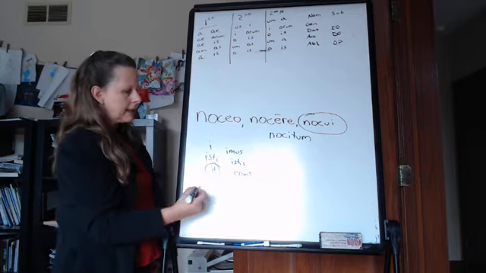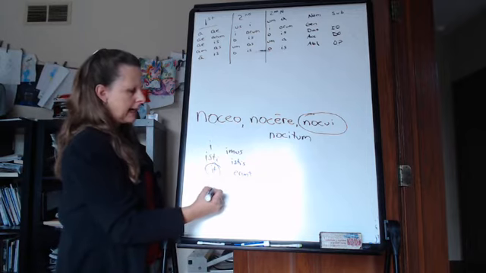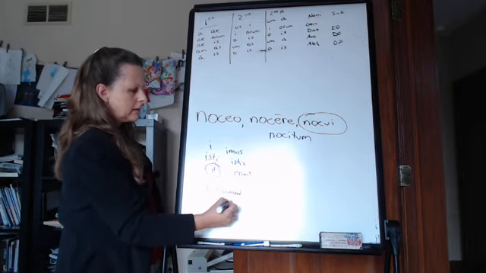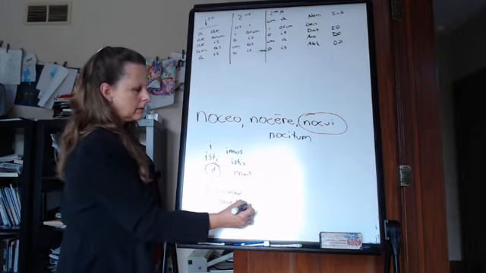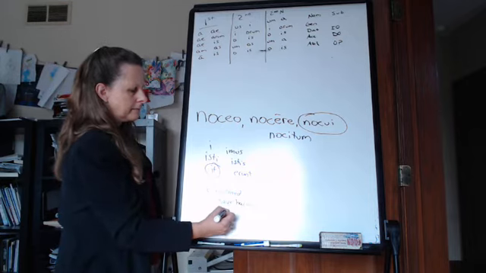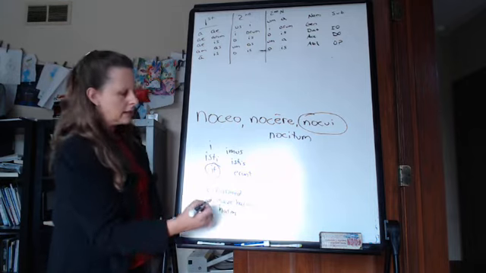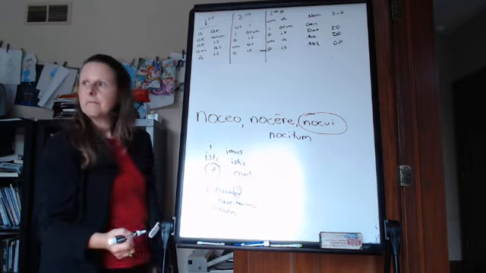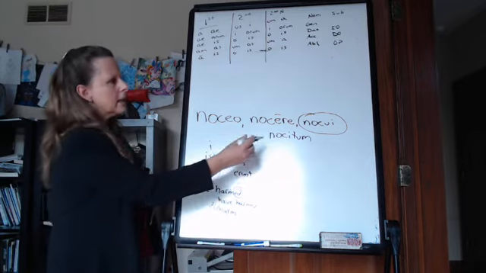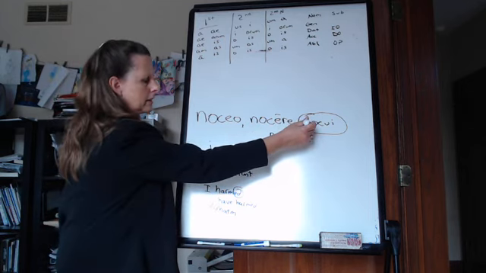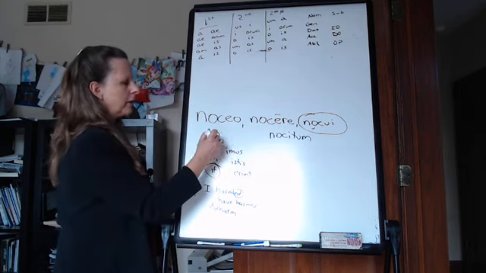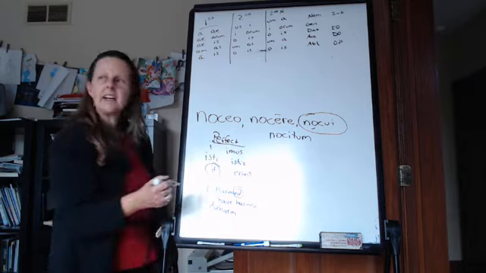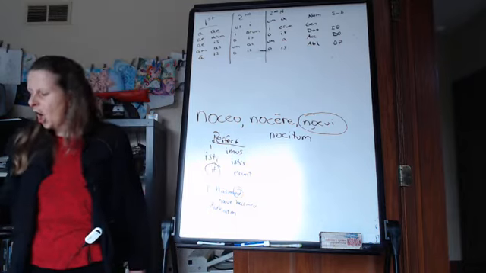This is our perfect tense. And so it means I harmed, I have harmed, or I did harm. So does that add the -ed? Yes. Oh, because I was wondering what it did. Yes. So when I go to the third principal part and I add these endings, we call this perfect tense. It's something I did in the past and it's completed. It's done. It's over. He harmed her.